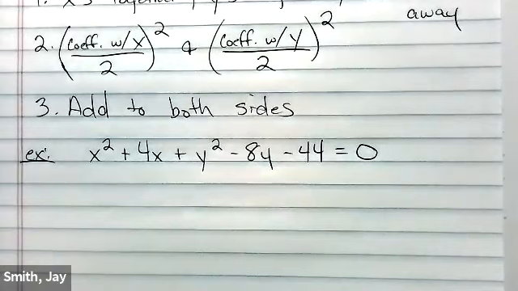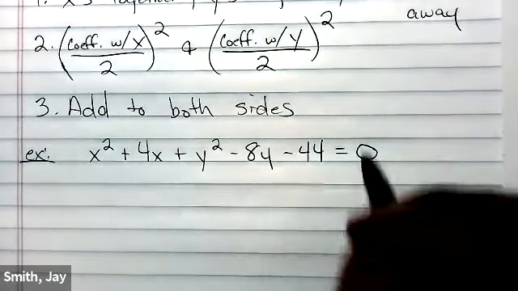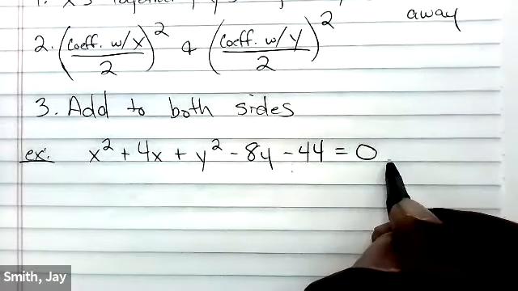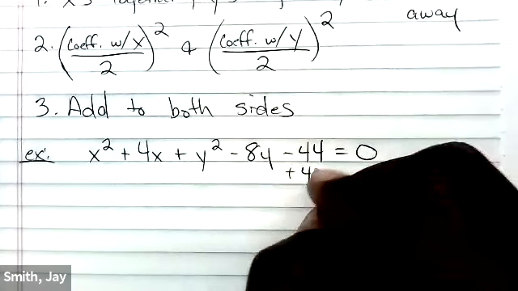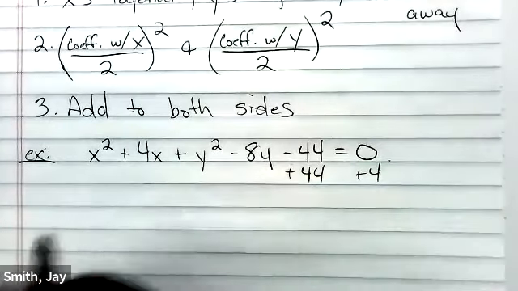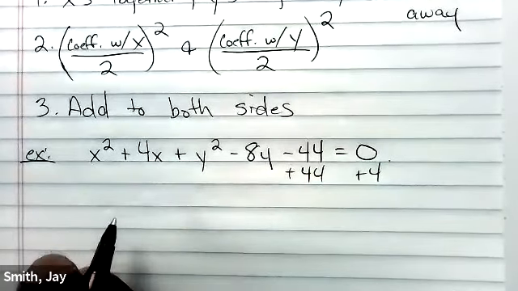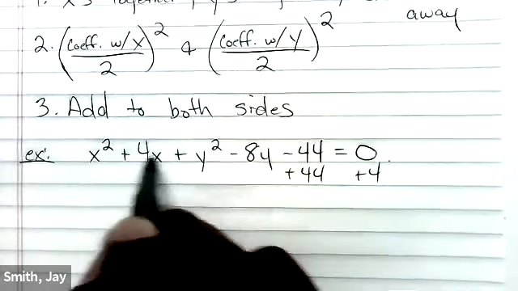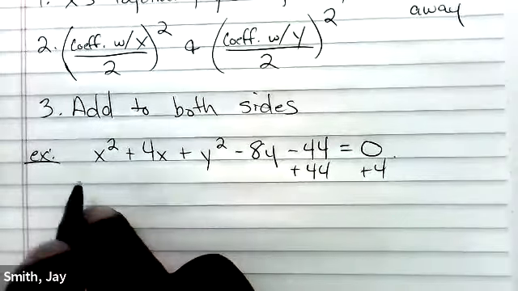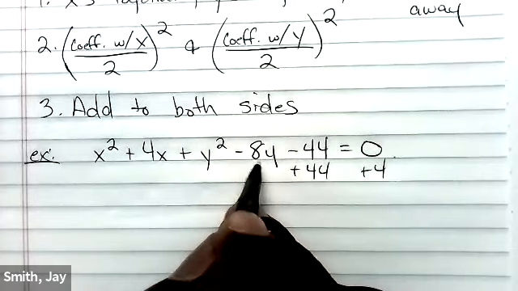All right, so our first step, like it says, we want to group our x's together, our y's together, and move our constant away. So what I would do is add 44 to both sides. I'm going to leave space for that number that I know I'm going to have to add to make these perfect square trinomials. So my x's are already together, my y's are already together.